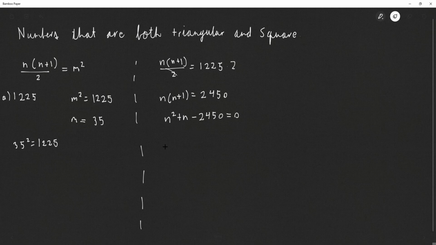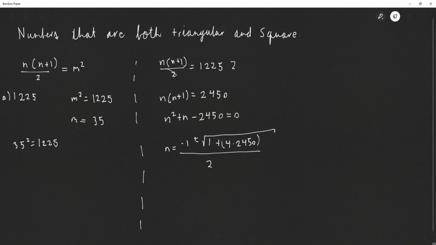So now if we plug this into the quadratic formula, we get n is equal to -1 plus or minus the square root of 1 plus 4 times 2,450, since the negative will make it a positive and 1 squared is just 1, all divided by 2 multiplied by 1, so again it's just 2.